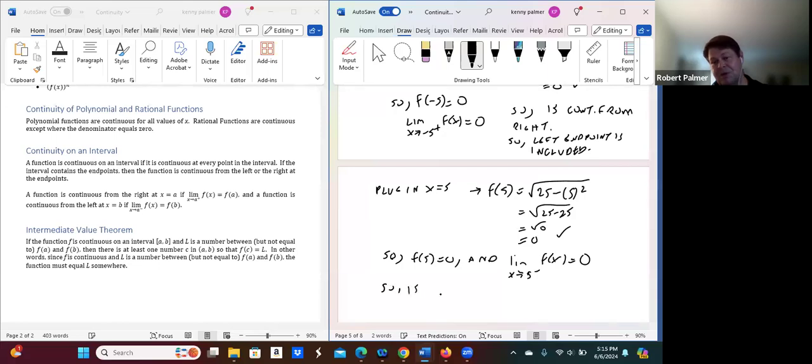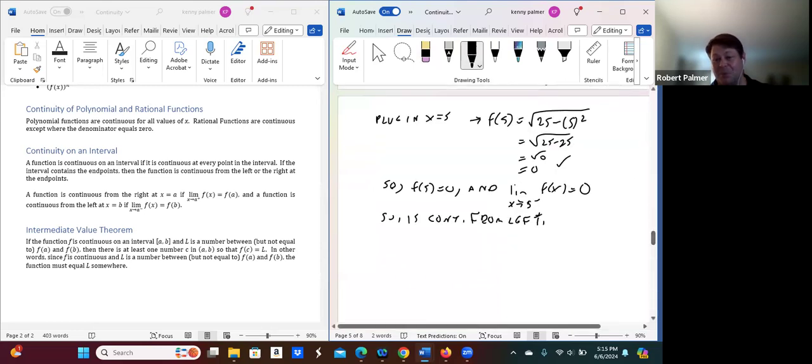So this function is continuous from the left. I get those backwards sometimes. Okay, so that tells us that our right endpoint is included.